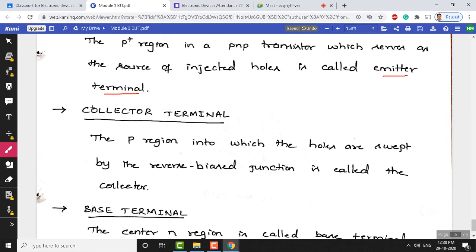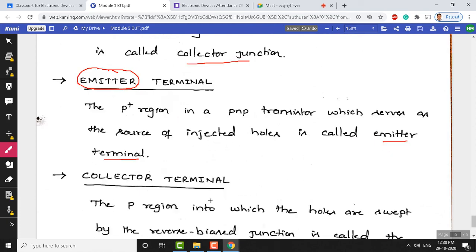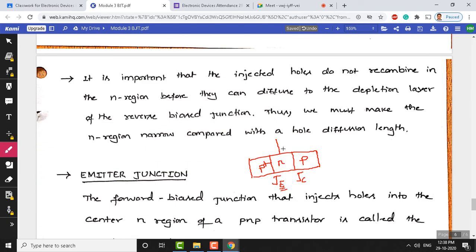Collector means something is collecting. The P region in a PNP transistor, into which the holes are swept by the reverse biased junction, is called the collector. As you see in the PNP transistor here, the holes injected from the emitter are swept within the depletion region into this P region.